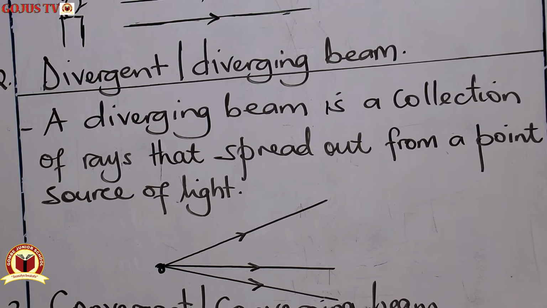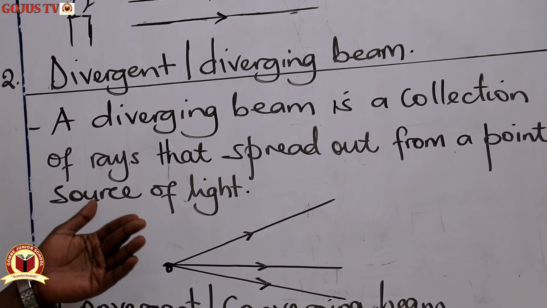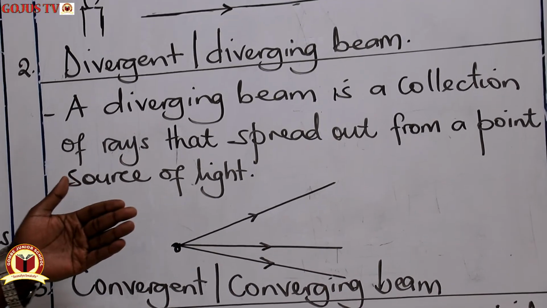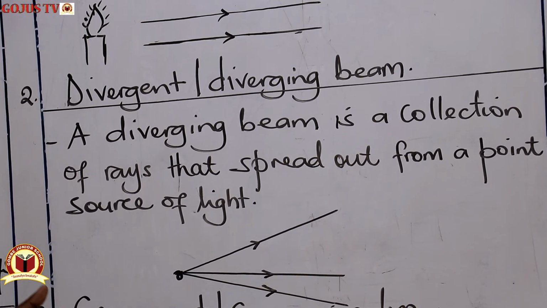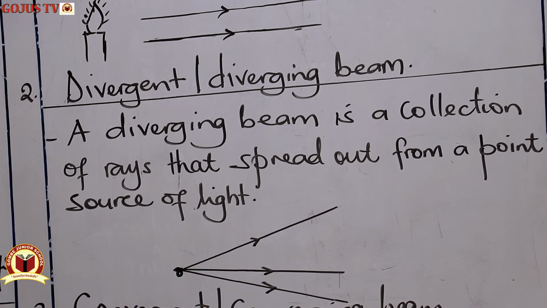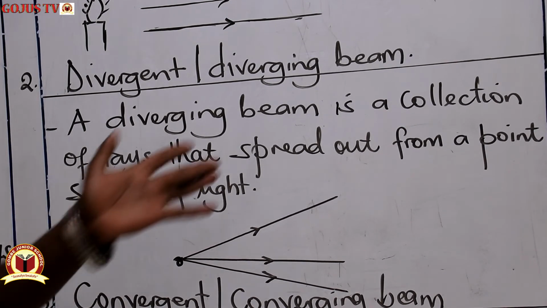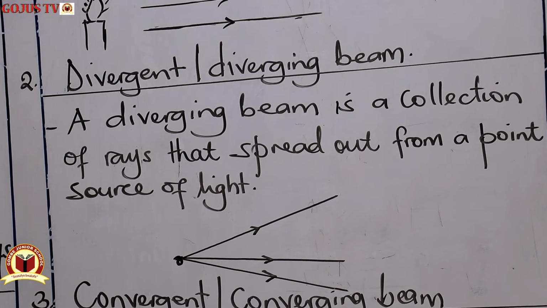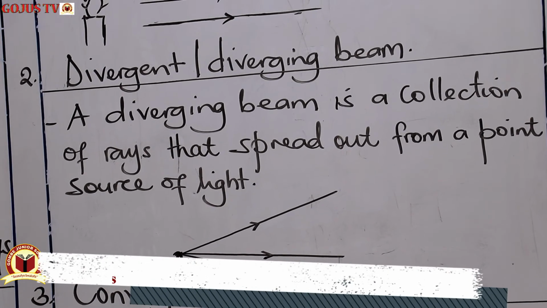In fact, in case you're asked to give an example where a diverging beam can be applied, you talk about a torch, then you can as well talk about car headlamps. At night, when you observe those lights from the vehicle, they spread outwards to cover a wide distance to give the driver a clear view of the road.